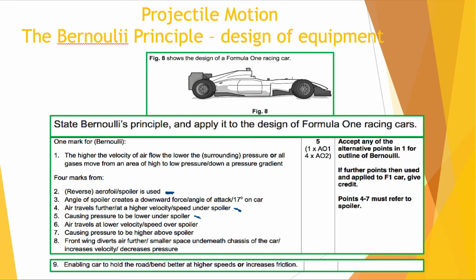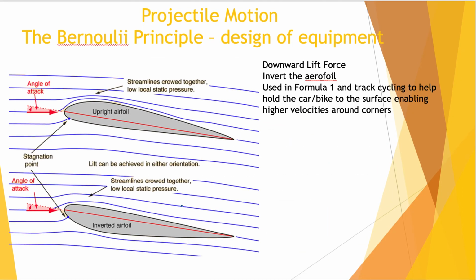It means that the pressure under the spoiler is low, and the pressure above the spoiler is high. And that means that we get a pressure gradient and therefore that downward lift force being generated. Okay, so that's everything on the Bernoulli principle.